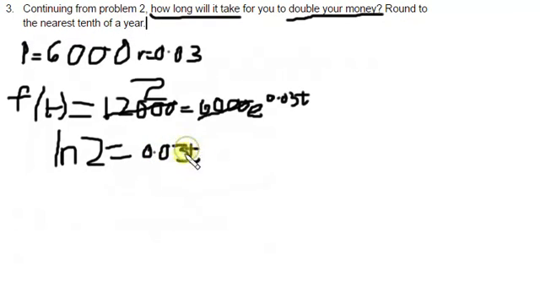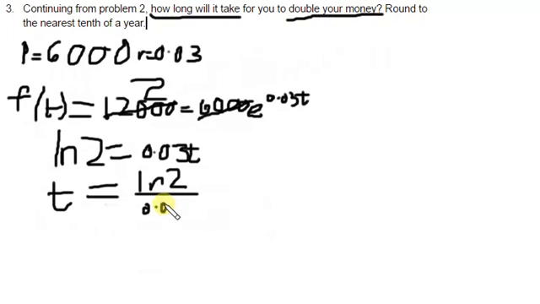If we divide both sides by 0.03, we get time t is exactly equal to natural log of 2 over 0.03. And we need to solve to the nearest tenth of a year. This is roughly equal to 23.1 years.